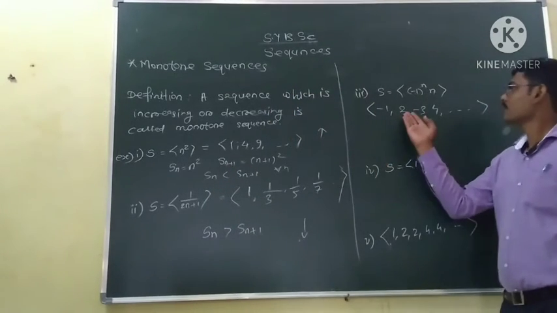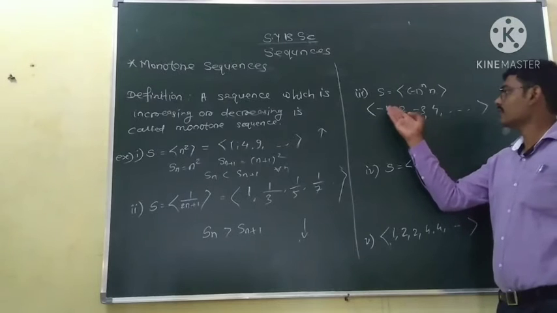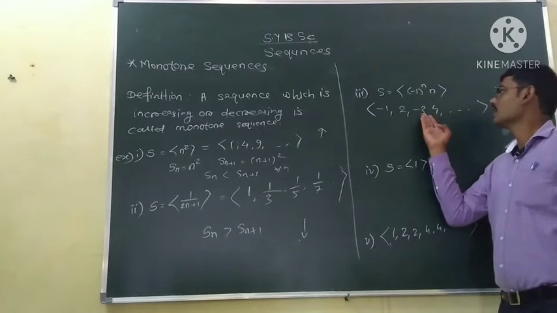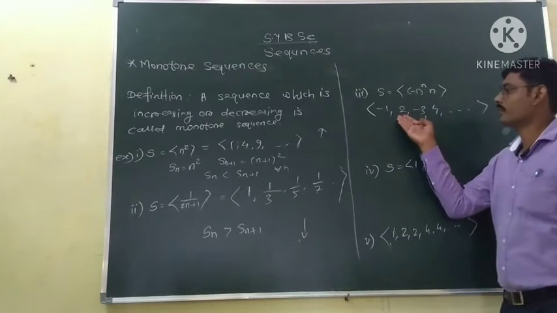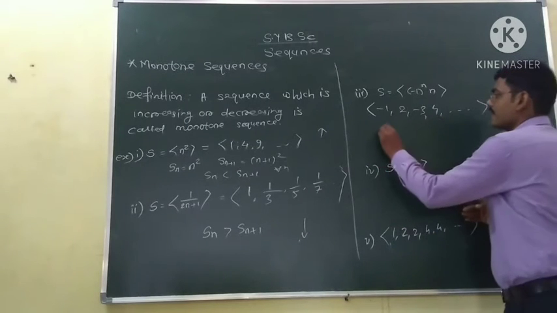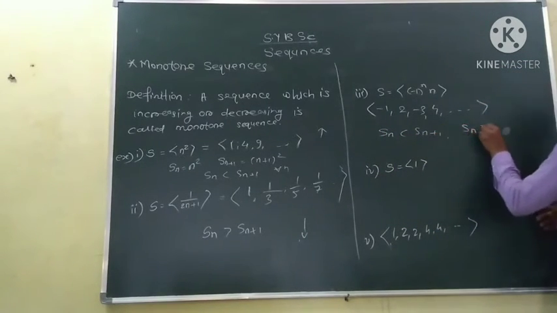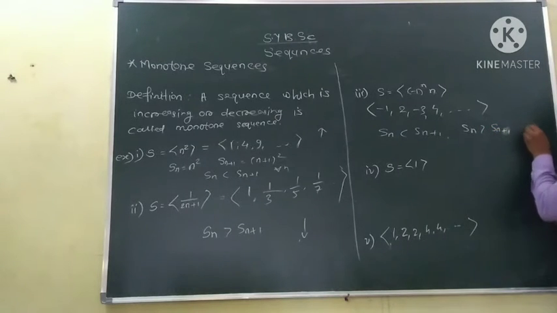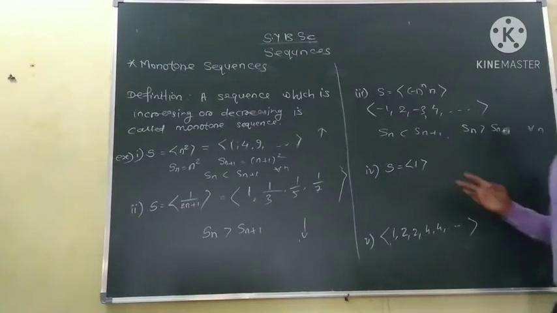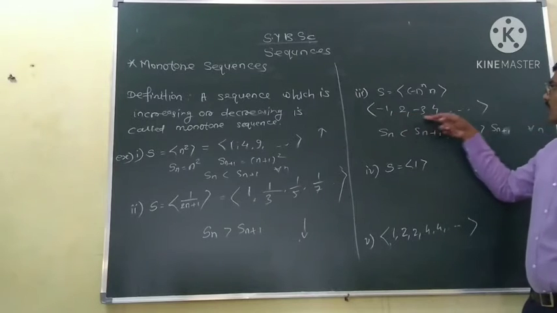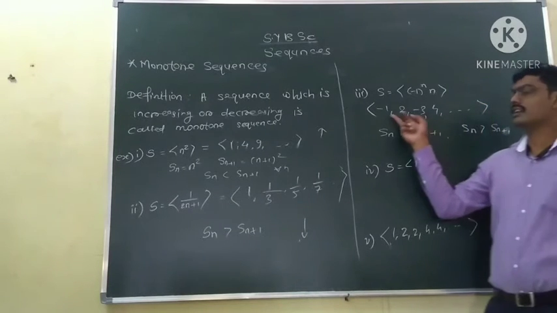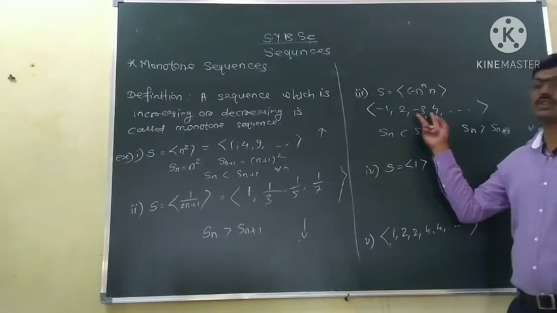There is no relation like Sn is less than Sn plus 1 or Sn greater than Sn plus 1 which is valid for all n. The sequence neither goes on increasing, nor decreasing. So this is not a monotone sequence.